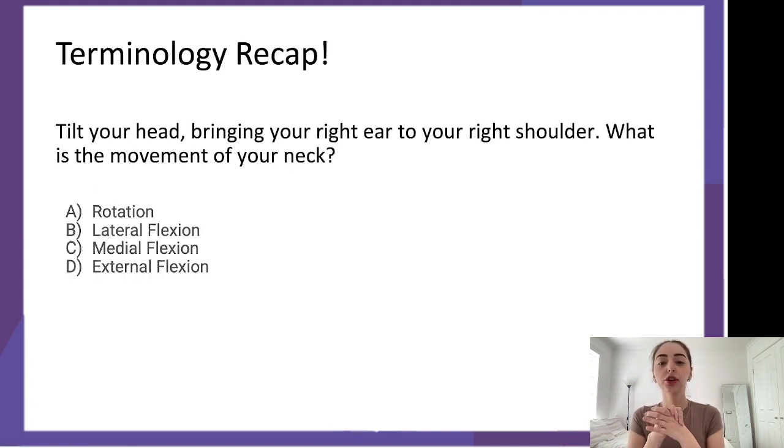All right, tilt your head, bringing your right ear to your right shoulder. What is the movement of your neck? Rotation, lateral flexion, medial flexion, external flexion. What do we think? Oh, sorry, I'll do the new poll. There we go. All right, if we do this, what's the movement of your neck? Is it rotation, lateral flexion, medial flexion, or external flexion?